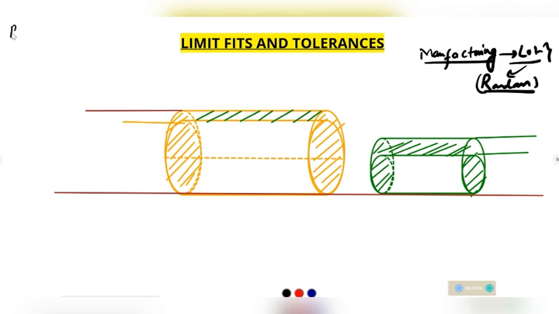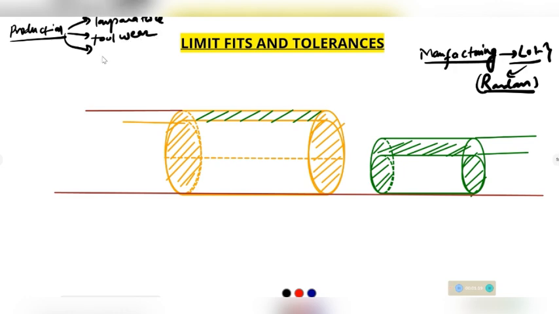Always when a production happens, there are many factors which affect the production process, such as temperature, tool wear, vibration, deflection, and so on.